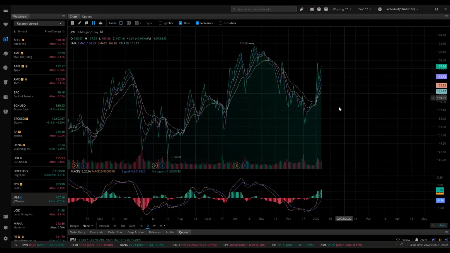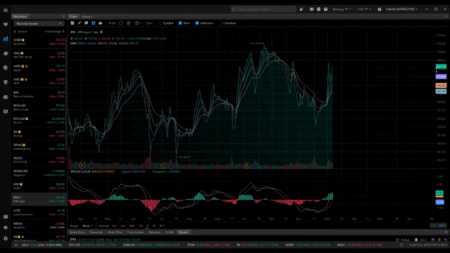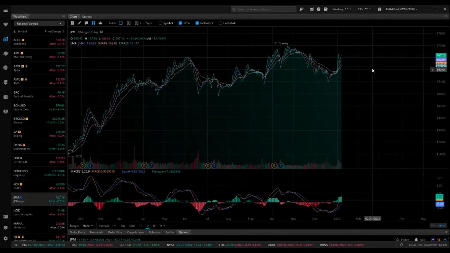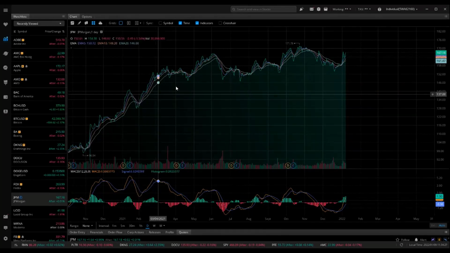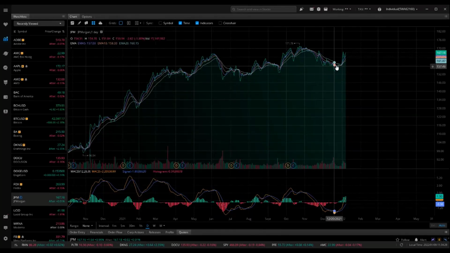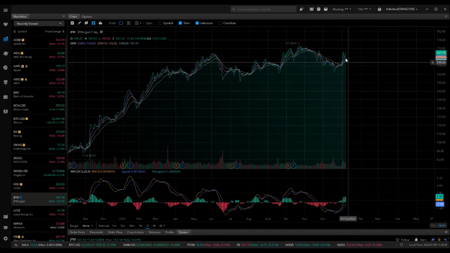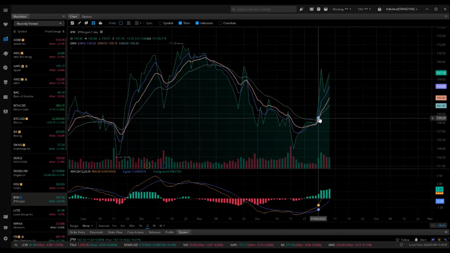But looking at something like this, JP Morgan is already high, at 167. The high point recently was 171. They may beat their earnings and go up 1%, or they may not go anywhere. It may just stay where it's at now. But overall, you can see all the low points are trending upwards. And as we're entering bank season, plus it looks like a fresh buy signal here around 159.